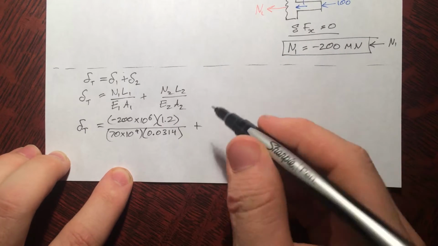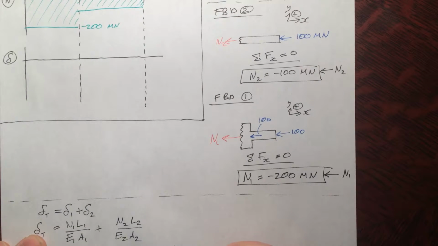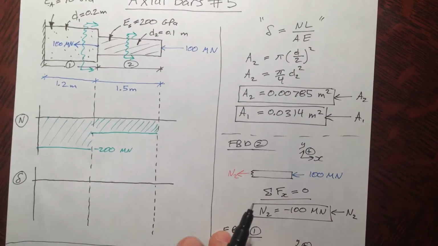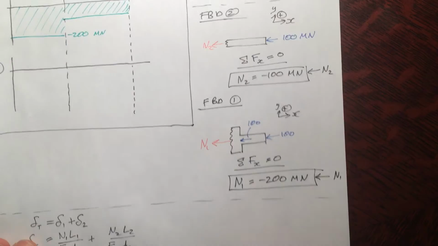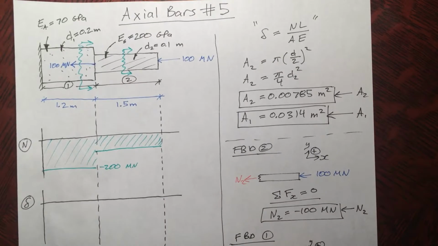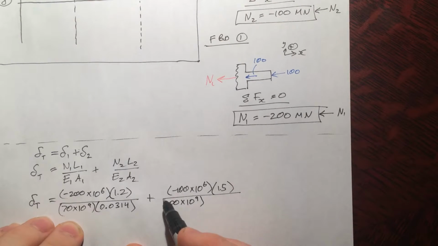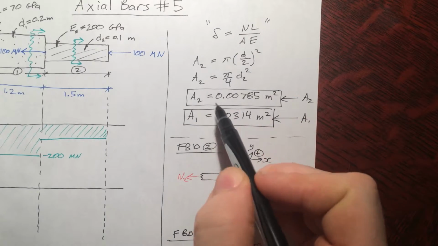Alright, and same thing for the second piece. N2, negative 100. Let's have a length, 1.5 meters. Modulus of elasticity, steel, 200 GPa. And the area, less than the first area.